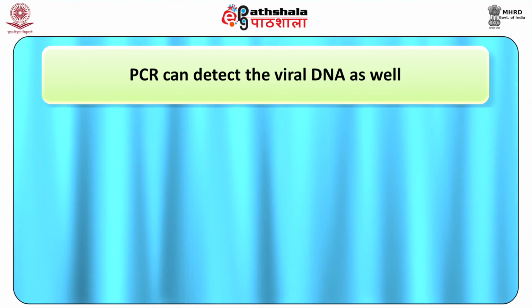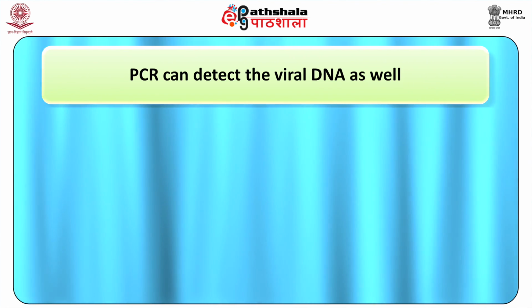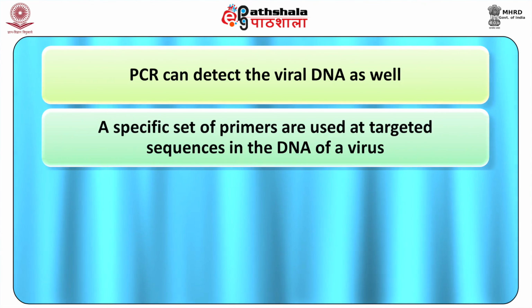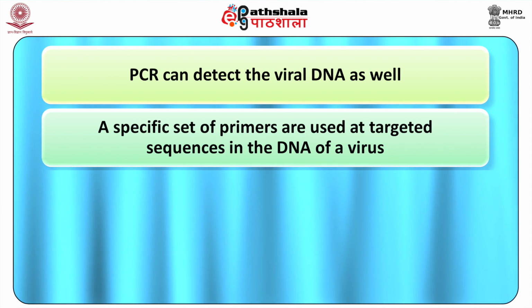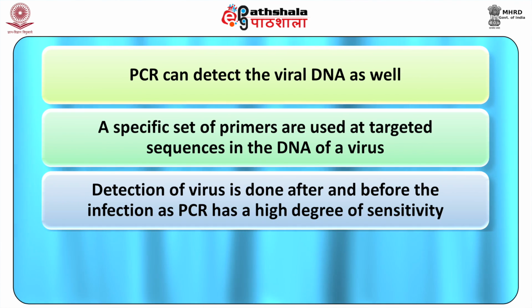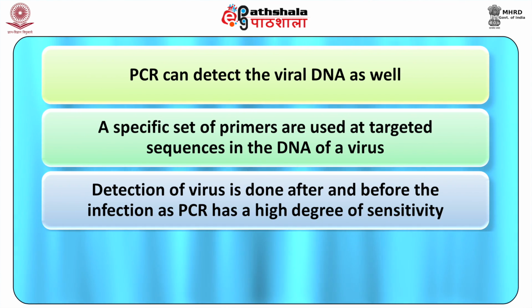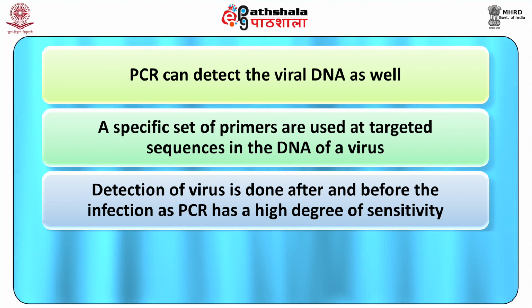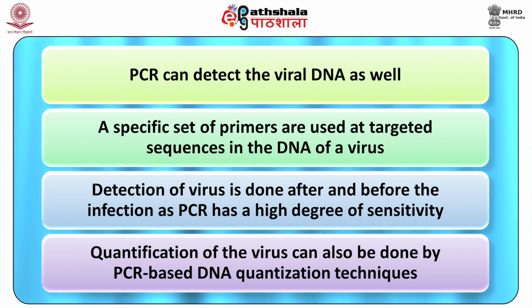Similarly, PCR can detect viral DNA as well. A specific set of primers are used at the targeted sequences in the DNA of a virus. Detection of virus is done before and after the infection, as PCR has a high degree of sensitivity. Quantification of the virus can also be done by PCR based DNA quantification techniques.